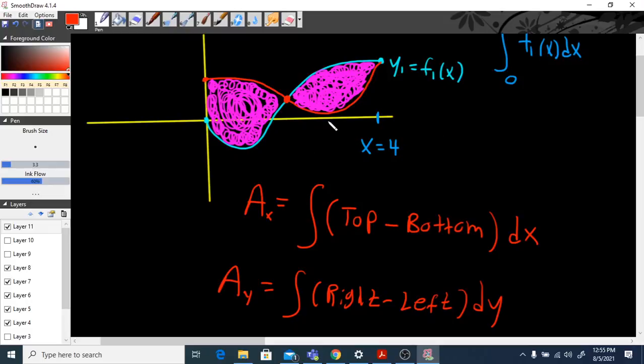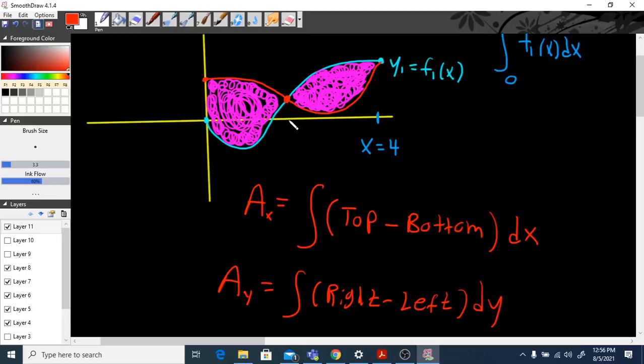So now we have the theory for how to find these areas. Before we jump into an example, notice right here, the top and the bottom change. So you need to be looking at this all the time. Here the top one is F2 and the bottom one is F1. Here the top is F1 and the bottom is F2. So we would have to split this.